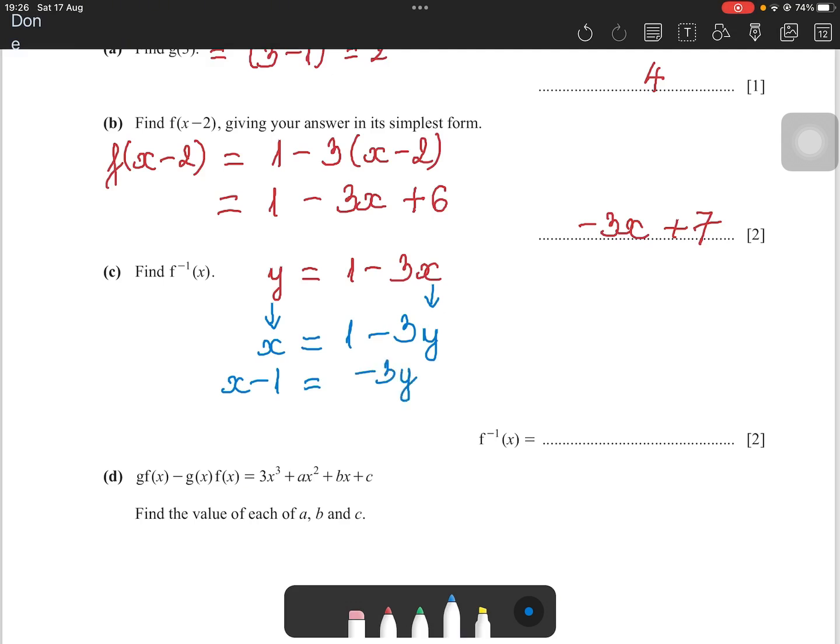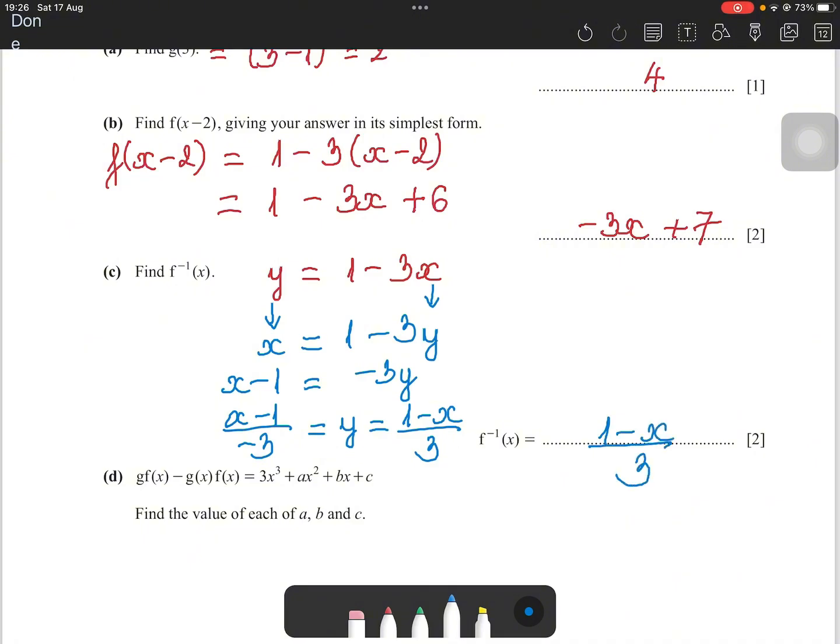And then to find the value of y, we need to divide both sides by negative 3. And you can also change it to 1 minus x over 3. So this is the inverse function, 1 minus x over 3.